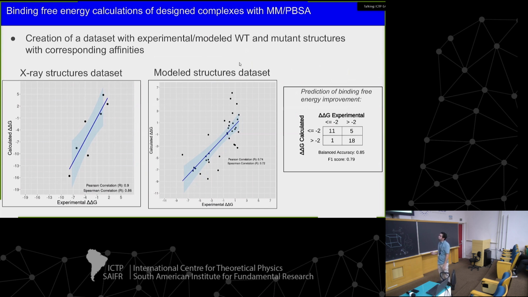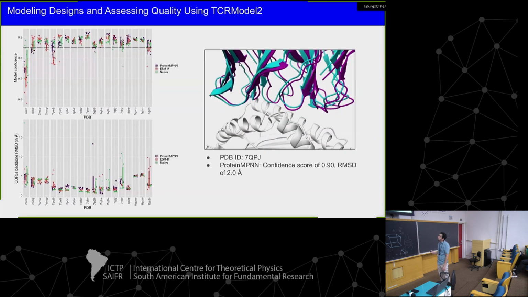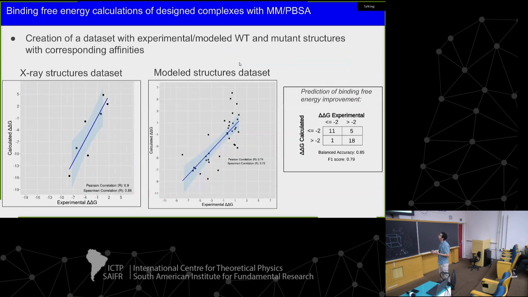So we decided, for each model here, actually for 7 test cases, just 7 test cases, to perform molecular dynamics simulations based on the models, and then use MM-PBSA to estimate the binding free energy. But as I said, the system is very special.